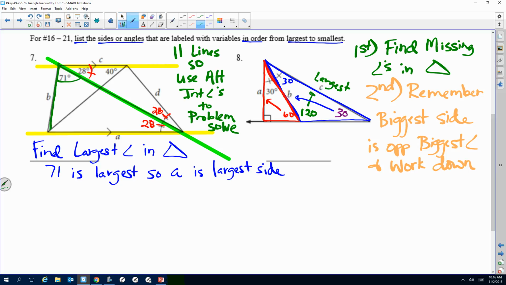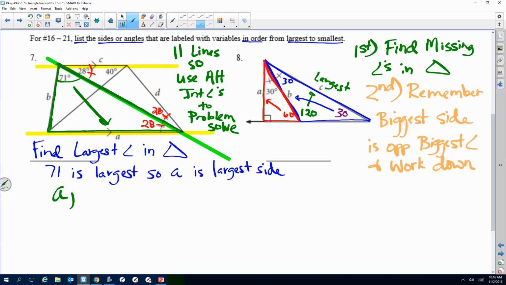That goes with this triangle right there. So we know the triangle has 71 and 28. Could you find the third angle if you needed to? I know you can do that. You're already masters of that. So 71 is the biggest angle. So what is the biggest side? A, the one opposite. So that means A is my biggest side.